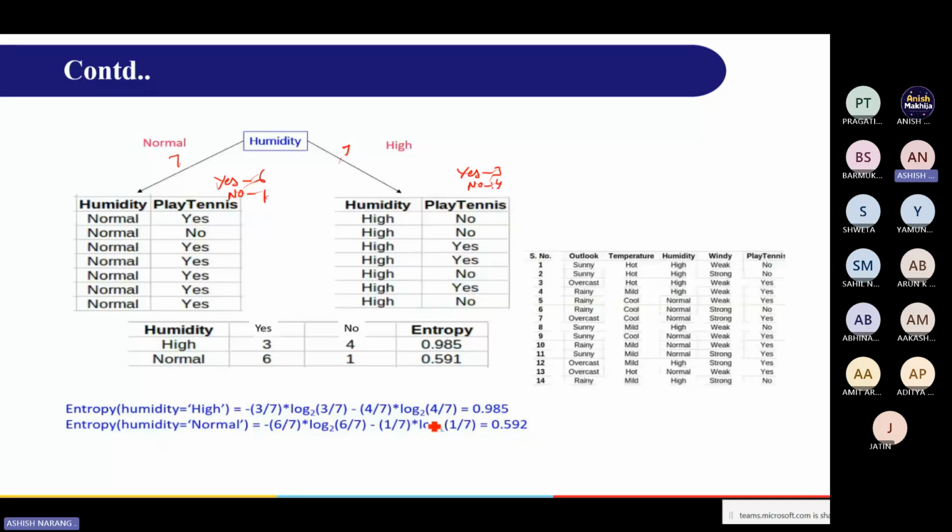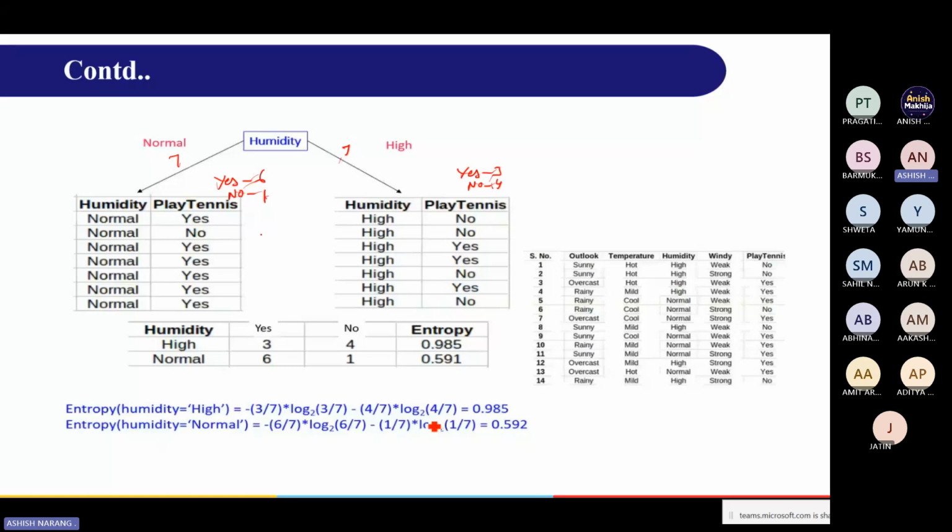Without calculations, which part should have more entropy? Any guesses? The high one, right? Because it's a 3-4 split, while the other is 6-1, with only one record different.